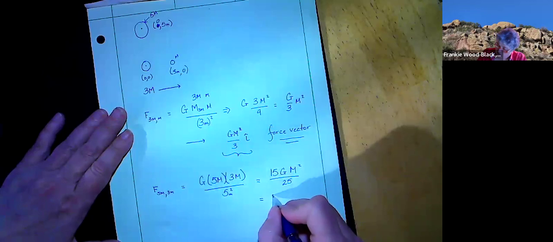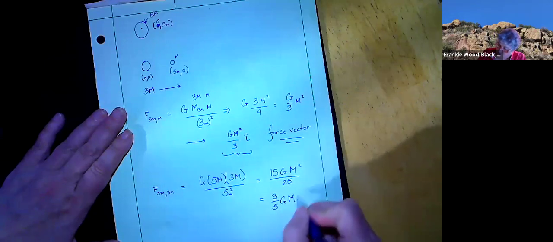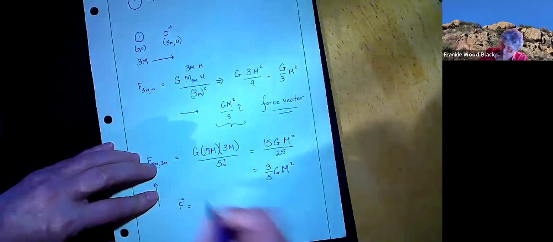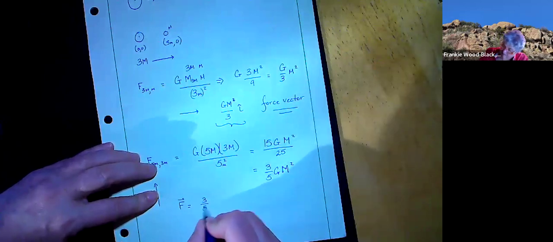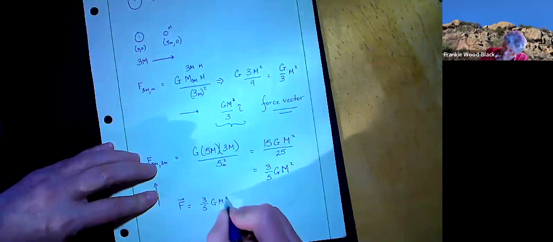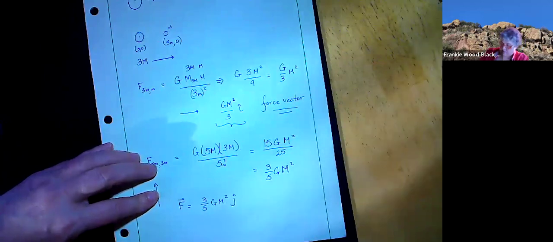And if I do that, that's going to give me 3/5 G m squared. But we know that that vector is going to look like this because of how we know it's attracted. So this force vector now is going to equal 3/5 G m squared in the j direction.